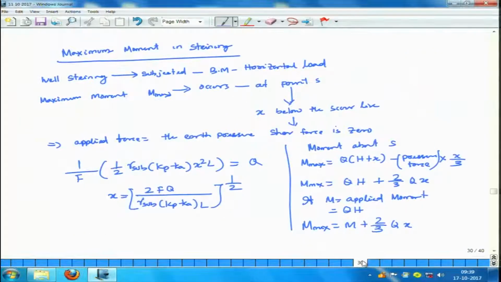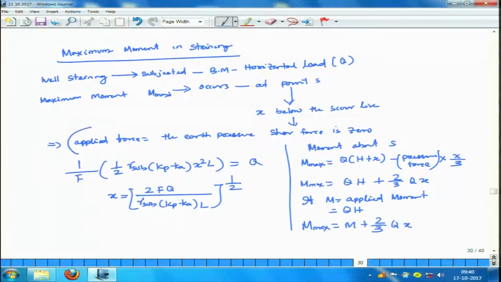What we have calculated: the well steining is subjected to bending moment due to your horizontal load Q, and maximum moment M maximum occurs at a point S, x below the scour line. Once I say there is a maximum bending moment, at that point your shear force is equal to 0.